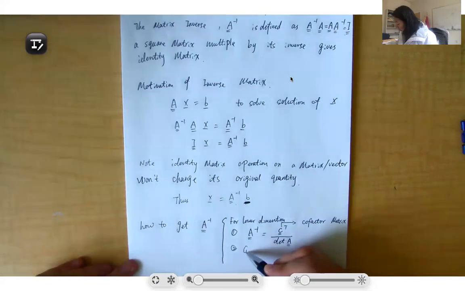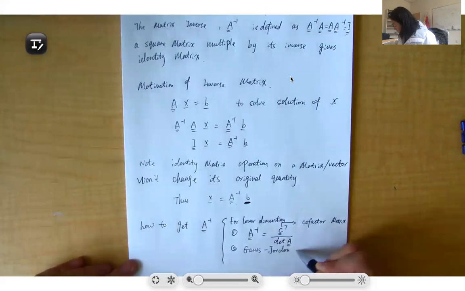The second method is called Gauss-Jordan elimination.